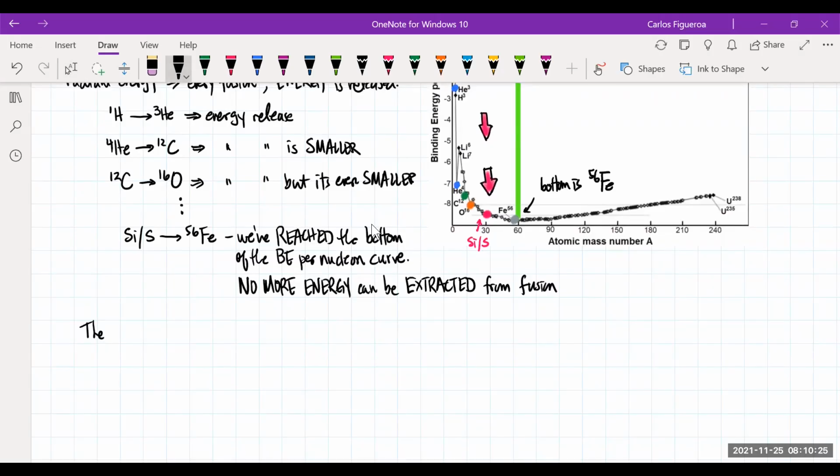Like I've said before, the lifeblood of a star is the gamma rays.